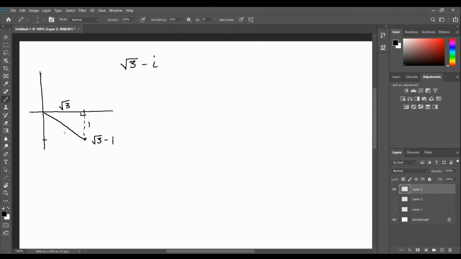So I need r. Well, by the Pythagorean theorem, r would equal the square root of root 3 squared plus 1 squared. The square root of 3 times the square root of 3 is 3. 1 squared is 1. So this is the square root of 4. So this must be 2.